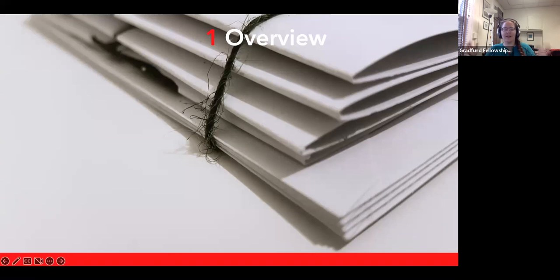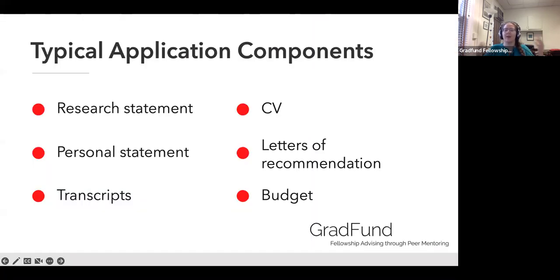Okay, so as a general overview, applications are all going to look a little bit different, but typically they will have you submit a research statement, a personal statement, and then some other things like transcripts, CVs, letters of recommendation, and when applicable, sometimes you'll submit a budget.